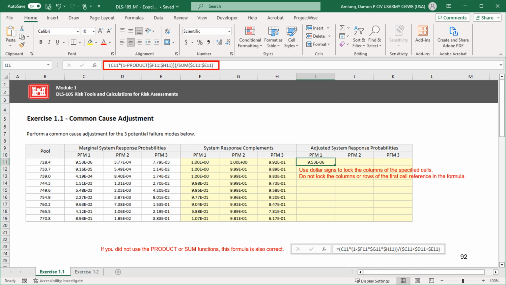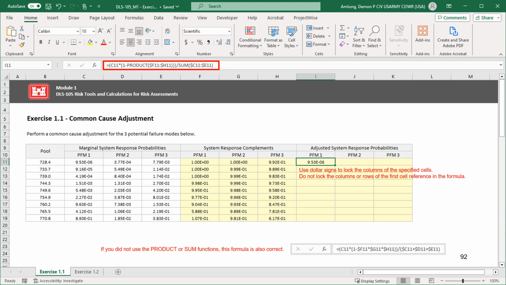Now that we have that formula input, we need to add $ signs to lock some columns so we can drag the formula to the other cells instead of retyping it each time. We will lock the columns in the product and sum portions within the red box of the formula. The $ sign goes in front of the letter designation of the cell. Do not lock the columns or rows of the first cell reference in the formula that is left of the red box.